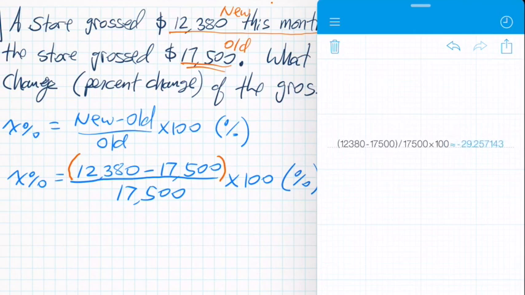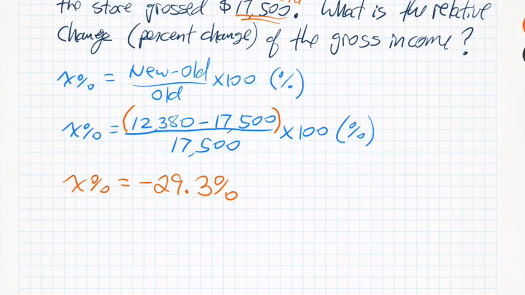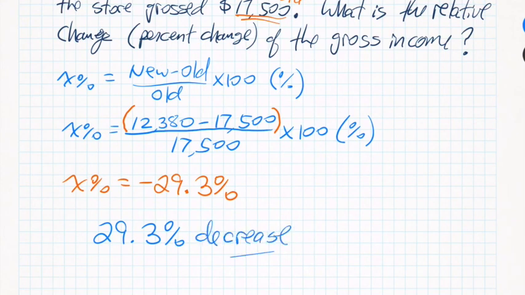So really small, it's a negative 29.3. So this x percent is going to be a negative 29.3%. So the way I'm going to answer my question is it's going to be a 29.3% decrease, because it's negative. And there's my answer. Their income, or their gross income, went down by 29.3%.